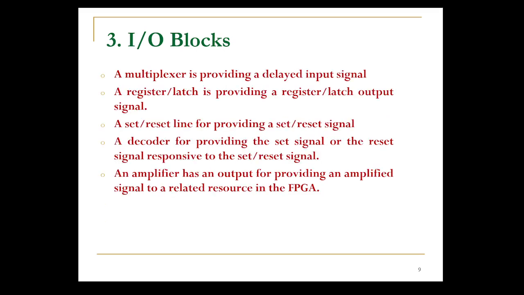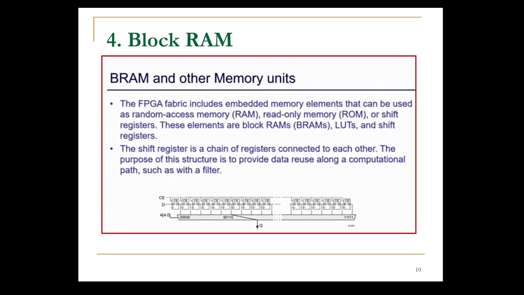A mux is providing a delayed input signal. A register or latch is providing a register or latch output signal. A set reset line is for providing a set or reset signal. A decoder is to provide a signal responsive to the set or reset signal. An amplifier is provided for an amplified signal related with FPGA.